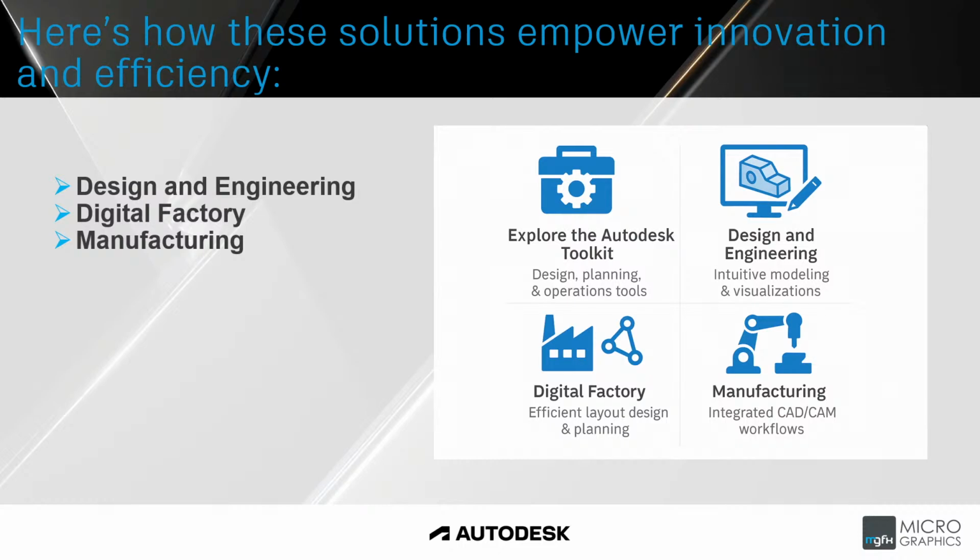Design and engineering, where you can look at the modeling and visualization, your efficient layout design and planning, and manufacturing, that is integrated CAD/CAM workflows. All of this will solve more complex and interesting problems with a comprehensive collection of design and planning tools, including the top-tier design software, plus additional tools for planning, building, and operating your production lines.